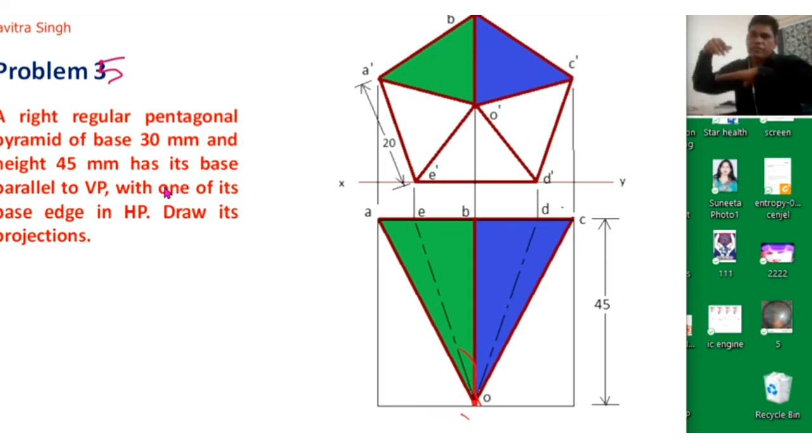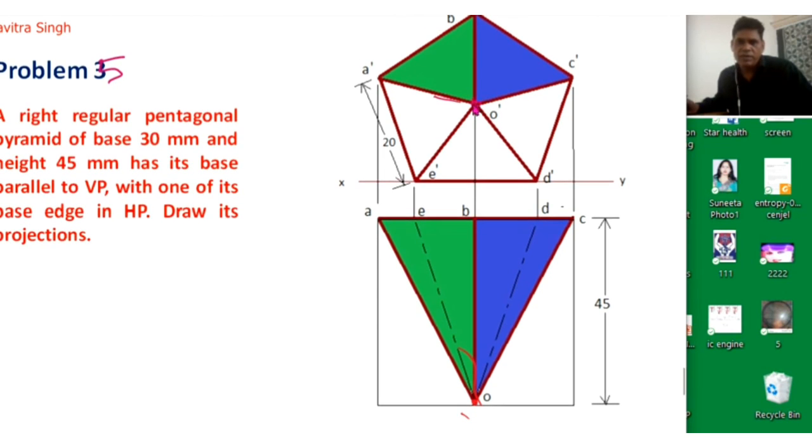If we look from the top side, we can see only 2 surfaces and the remaining 3 surfaces will be on the back side. So actually this is the center line of this pyramid. Okay, and as per the given condition, its base or bottom surface is parallel to the vertical plane. So we can see the complete pentagon from the front side.